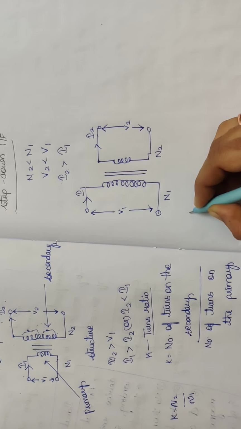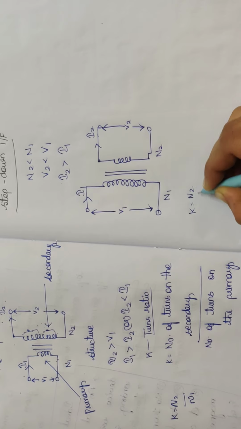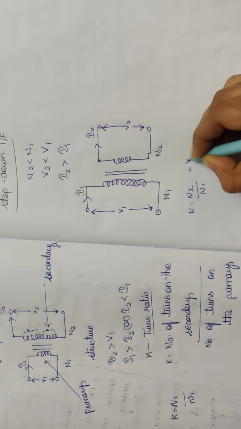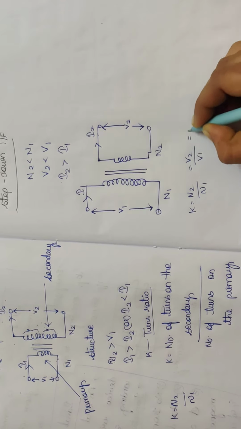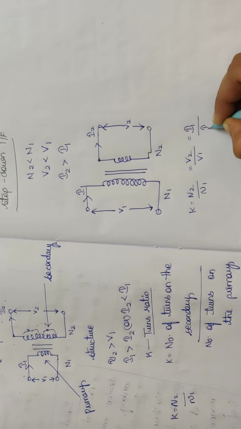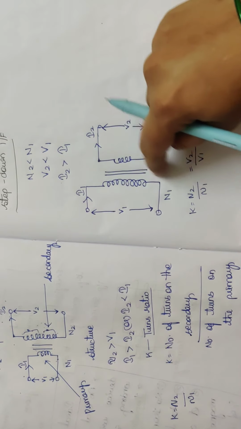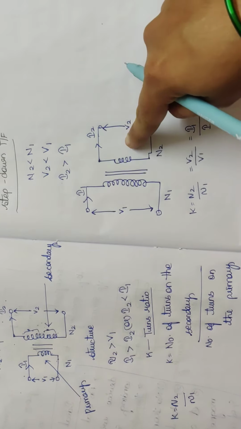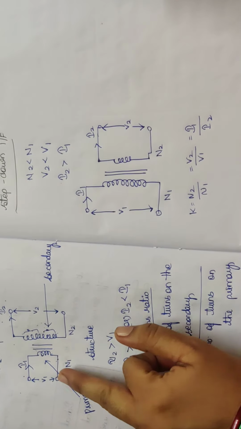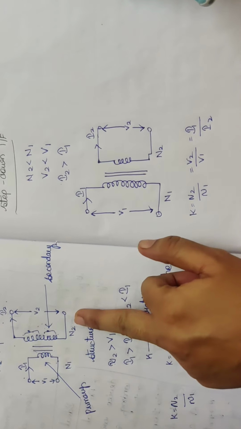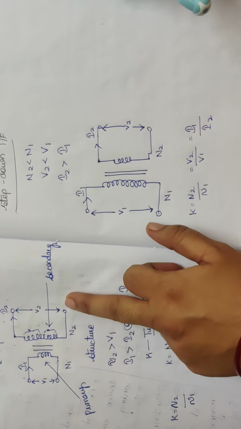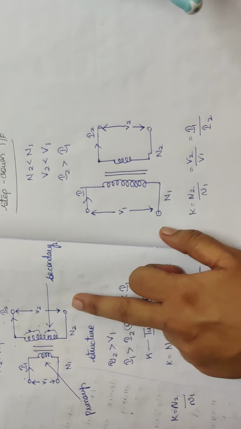So K is equal to N2 by N1, that is equal to V2 by V1, that is equal to I1 by I2. Now from this I can say a large voltage is being obtained from a small voltage. Here less voltage is given to the transformer, so you are getting more voltage.